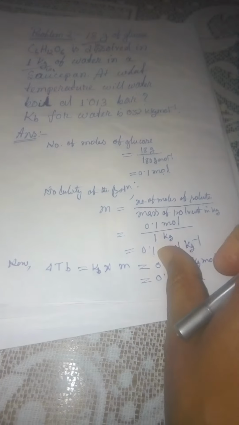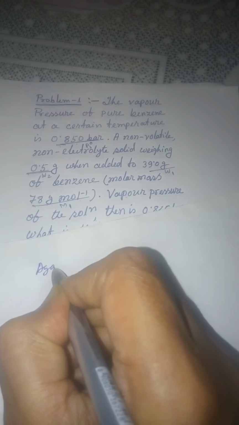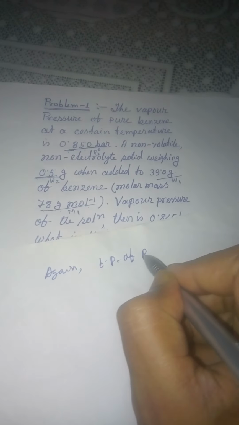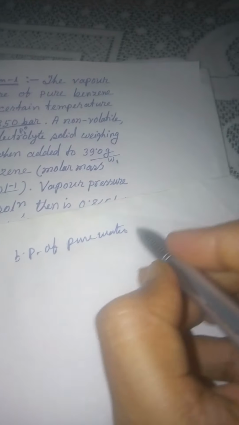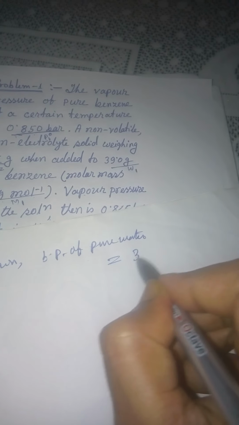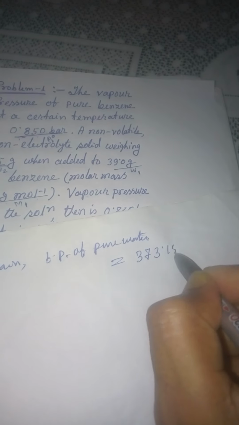We have to find out the boiling point of the solution. Now you see that the boiling point of pure solvent, pure water, we already know, is equal to 373.15 Kelvin.